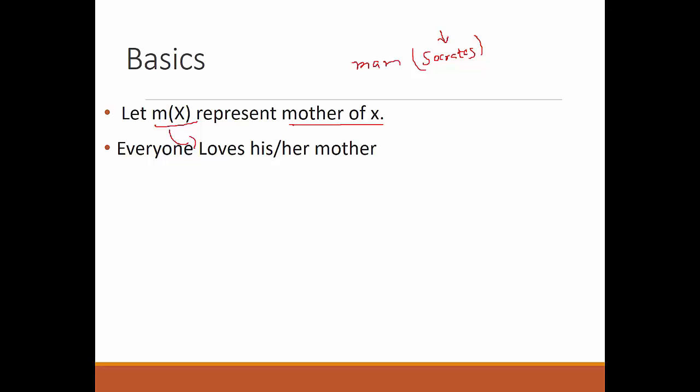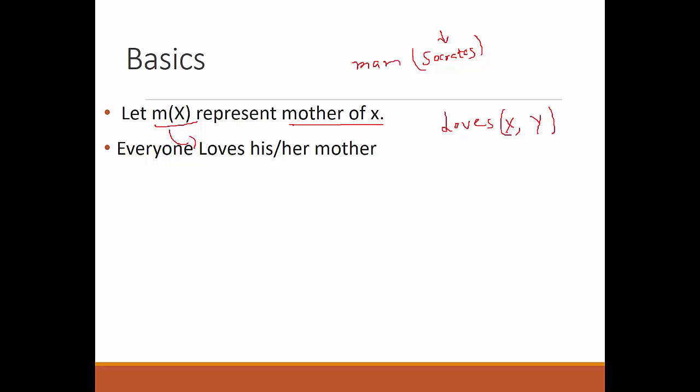Okay, now if we have to represent everyone loves his or her mother. In the previous case we saw, for example, X loves Y. Now here we are talking about X loving his mother.